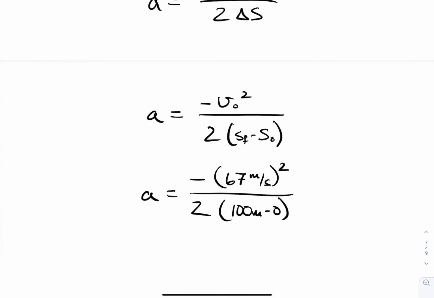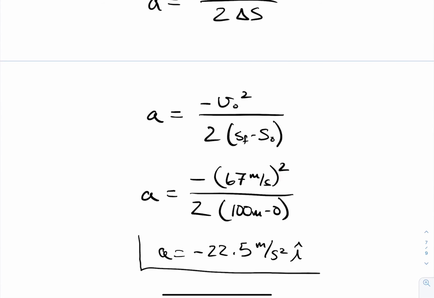So we'll end up getting A equal, and we'll get negative because of the negative sign, 22.5 meters per second squared. And this is in the x direction, just like our picture gave us, and just like it really had to be to slow the plane down.